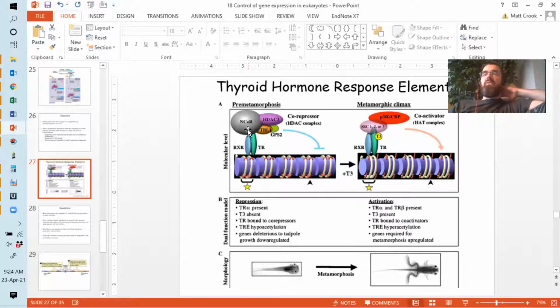When you don't have all of those things present, and some of them can be present, right? So the RXR and the thyroid hormone response, TR alpha. But if you don't have other stuff present, then you now have a repressive complex, essentially a bunch of co-repressors, and those inactivate expression, right? So this is via acetylation of histones, right?